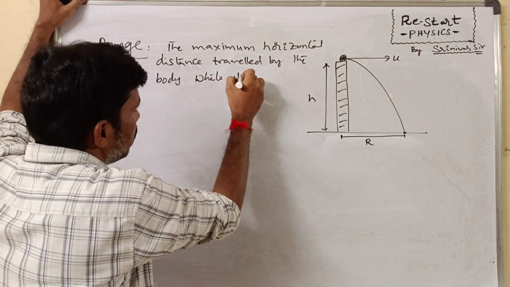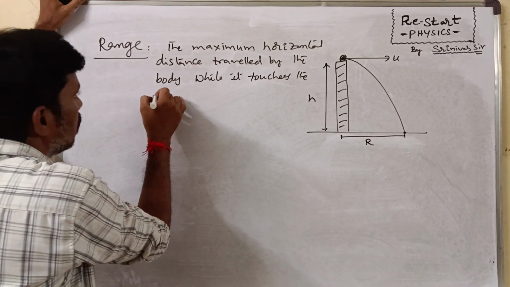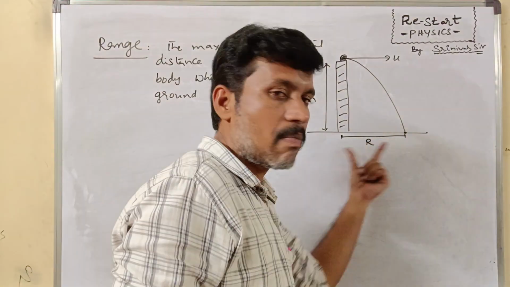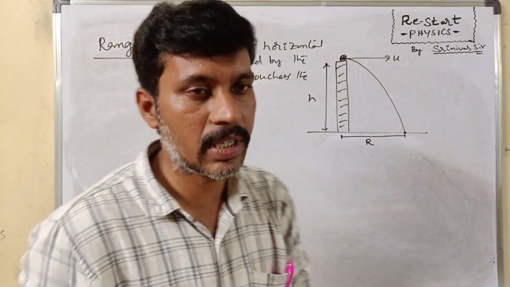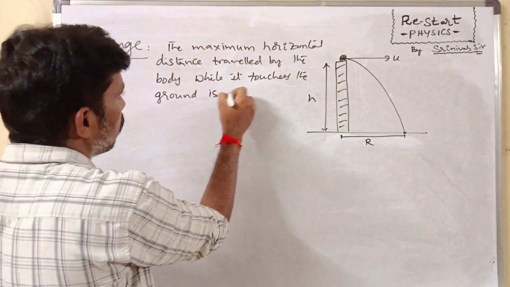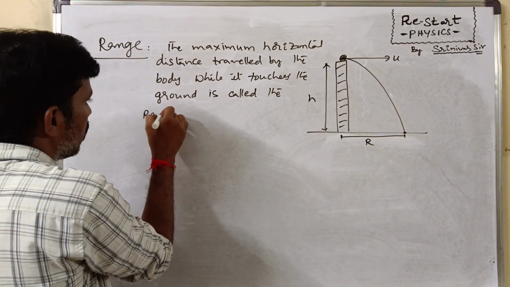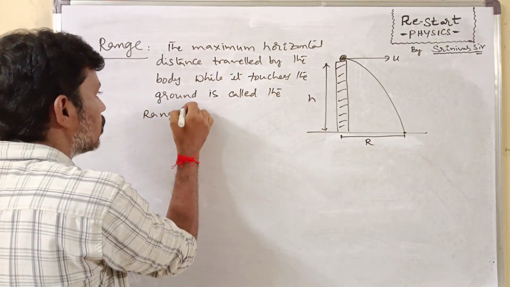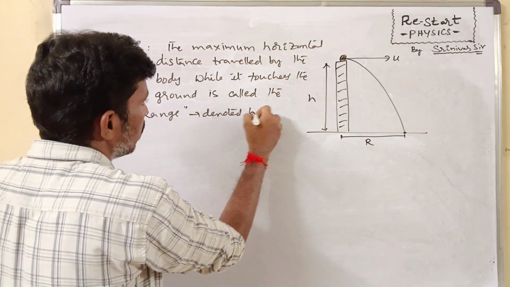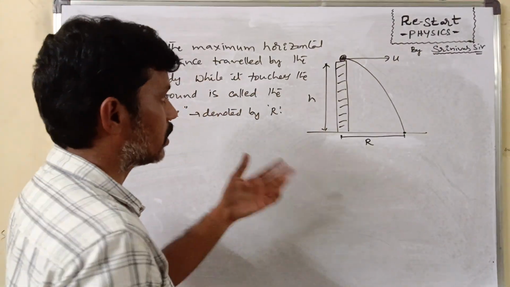Means what? At the time it touches the ground, how much is the maximum horizontal displacement? That horizontal displacement is called the range. It is denoted by capital R. Clear? Now we have to derive the formula for the range.